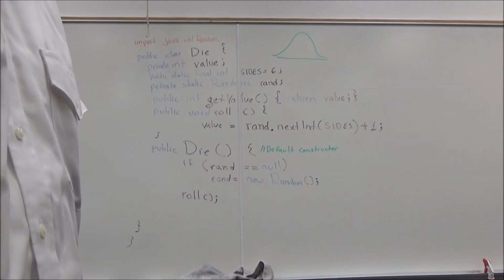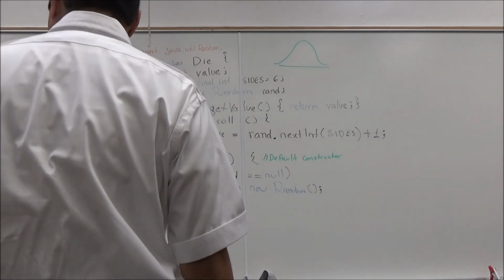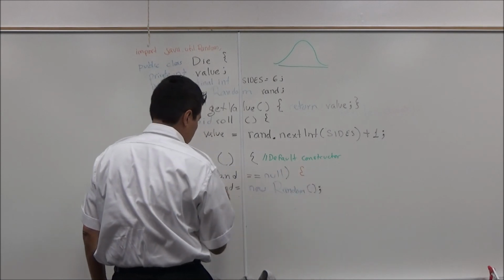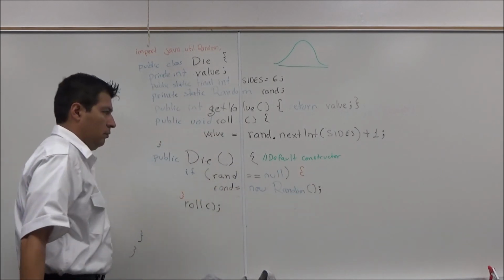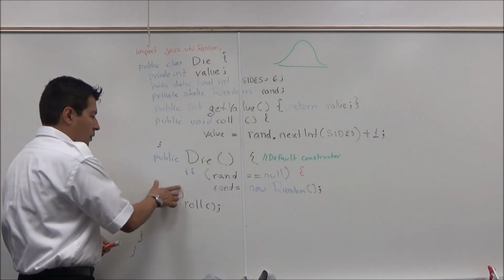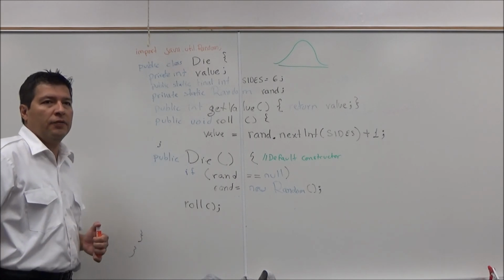Yeah. We need brackets after the if condition. That's a good question. Do I need curly brackets here? That will work. How many lines of code do I need to execute if the if statement is true?